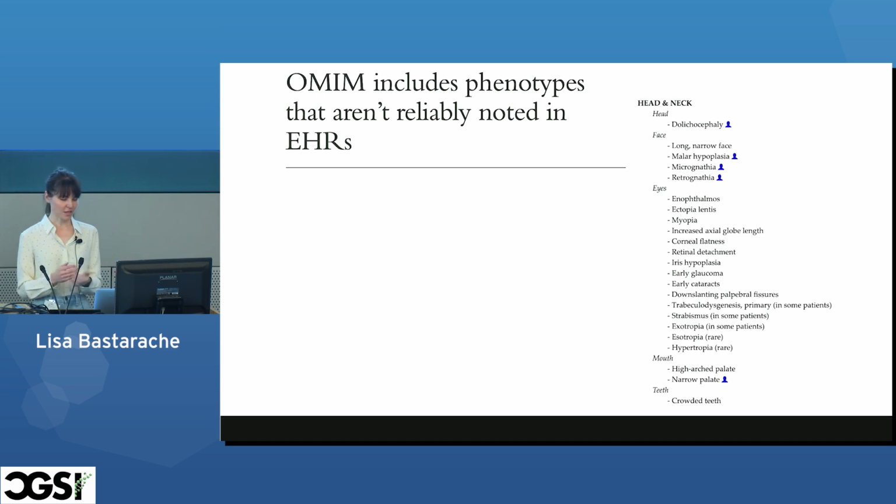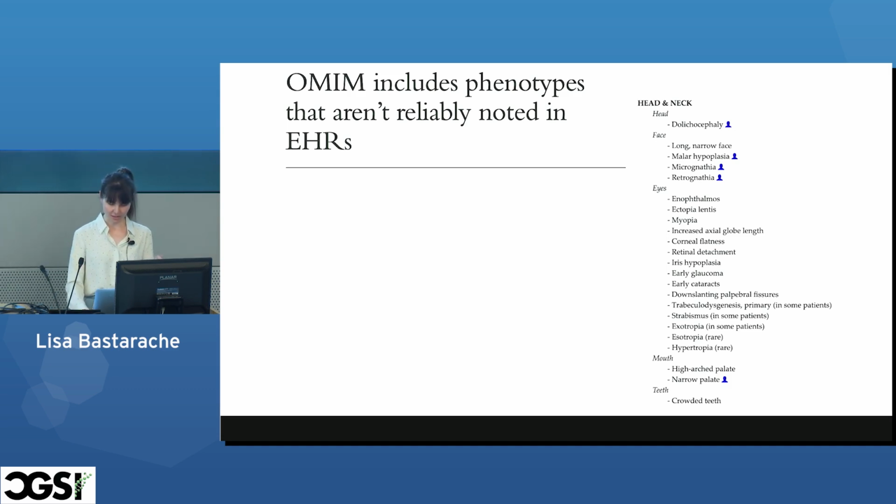They use terms that few people in other domains of medicine use to describe their patients in a huge amount of detail. So I mentioned before when I showed you that Marfan syndrome description that it was abbreviated. It was really in part for space reasons, but this shows just the head and neck features that describe Marfan syndrome in OMIM.